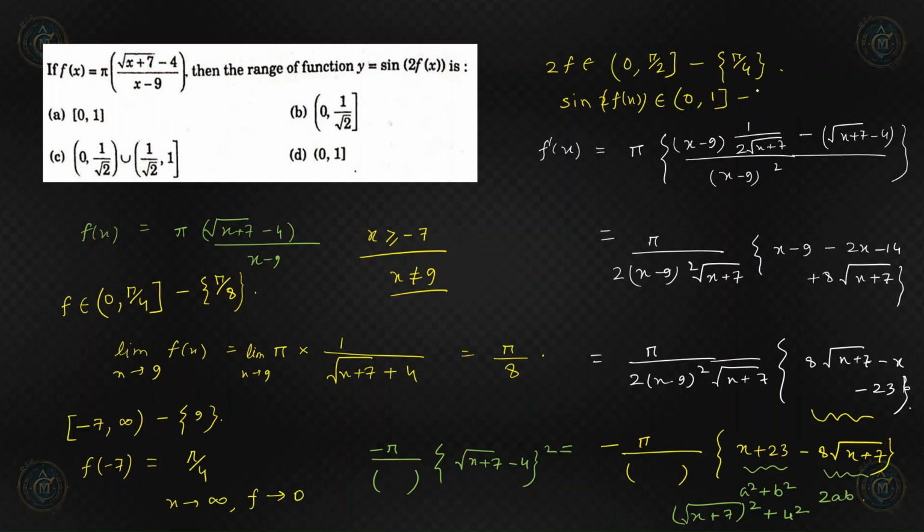At this point the value becomes 1 by root 2. So what will be our correct option here? The correct option will be open 0 to 1 by root 2 union open 1 by root 2 to closed 1. So option C will be our correct option.